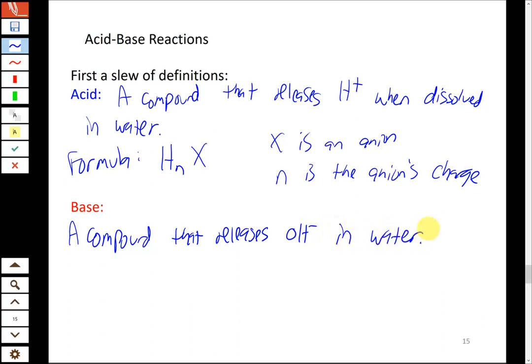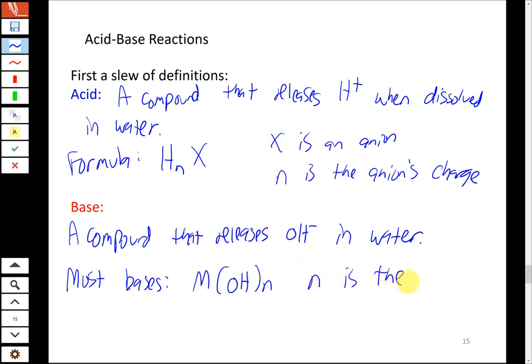Now, there are a lot of potential substances that can classify as bases, but the ones that we will pretty much exclusively see in this course are ionic hydroxide compounds. So some metal cation paired with hydroxide anions. So sodium hydroxide, lithium hydroxide, calcium hydroxide, whatever hydroxide salt you can imagine, those would be what we're going to classify as bases. Where n is, again, the charge of the cation that dictates how many hydroxide ions are in the formula.